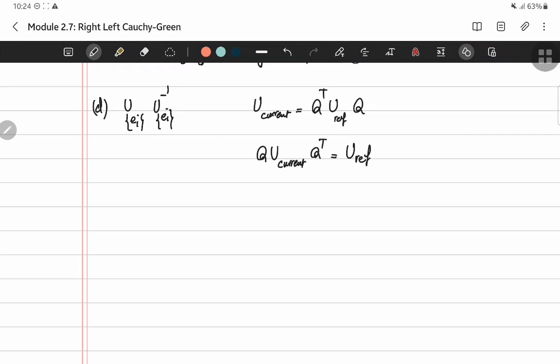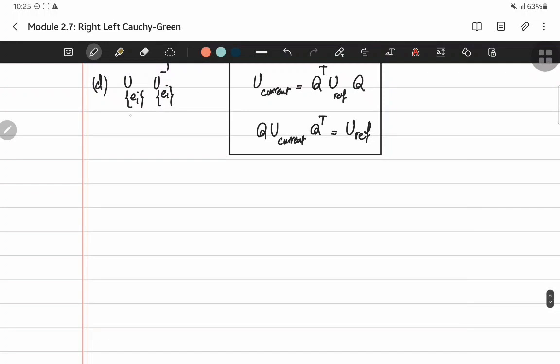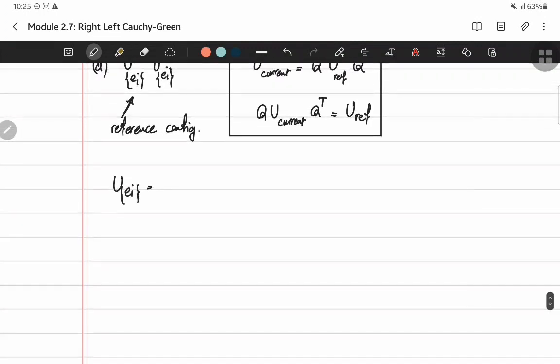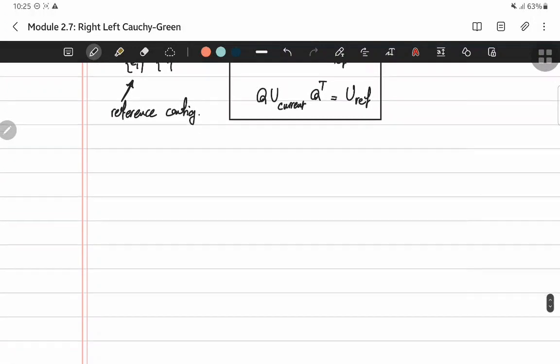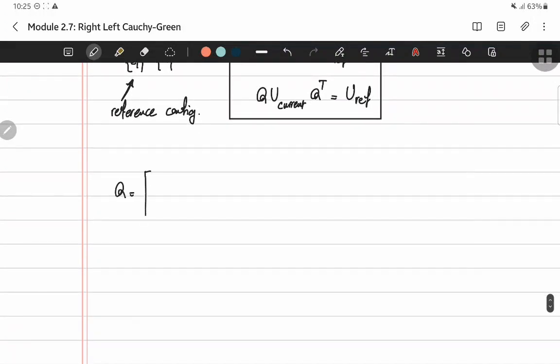Here you have two important equations which we learned from the first module. Now we want this U reference, which is U in the reference configuration. So I have my first, let's write Q. If you remember, we fill in the orthogonal tensor vertically.